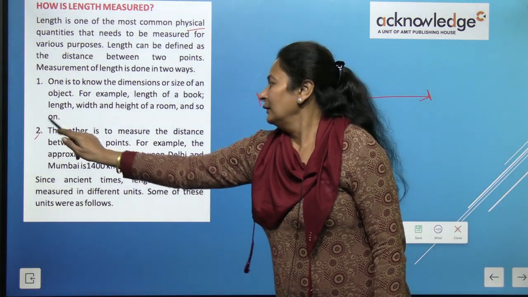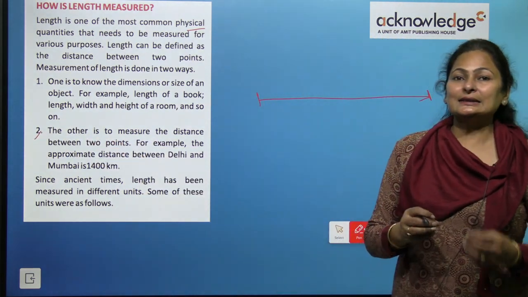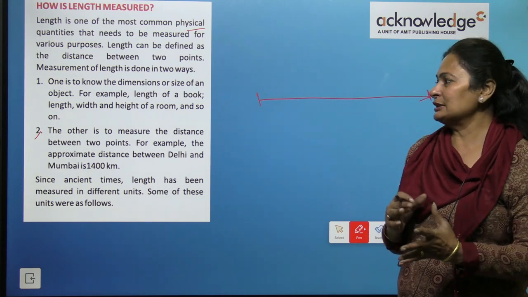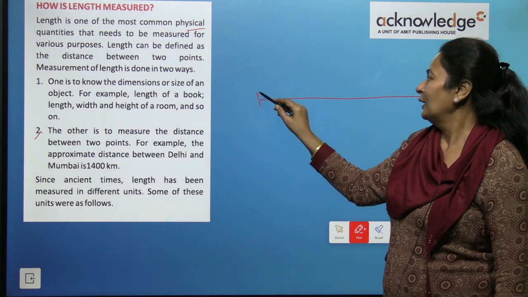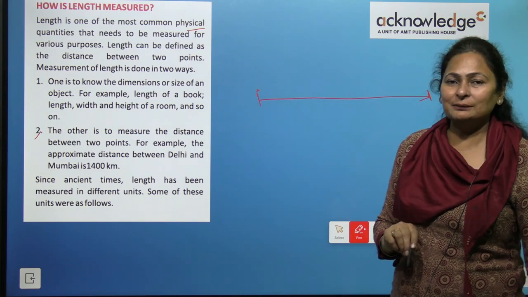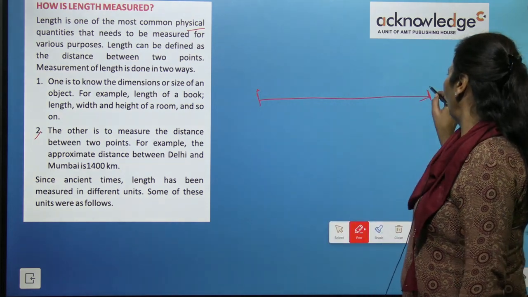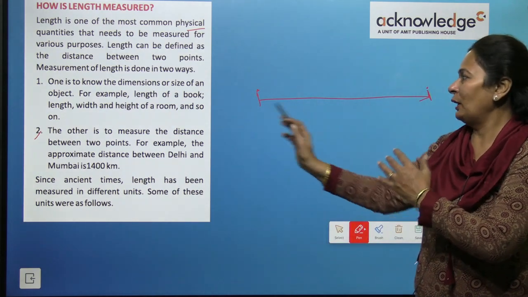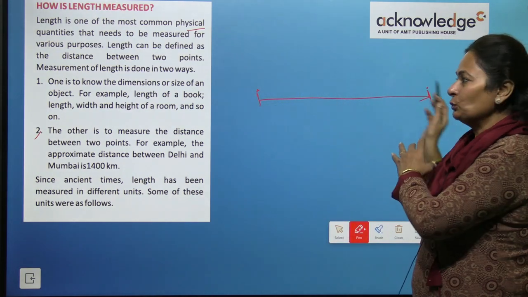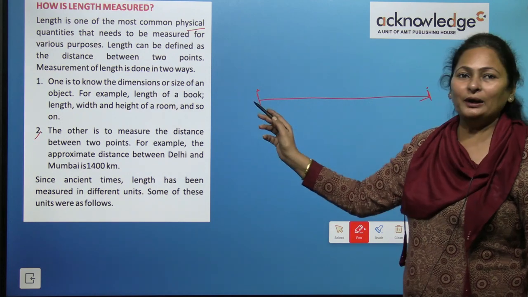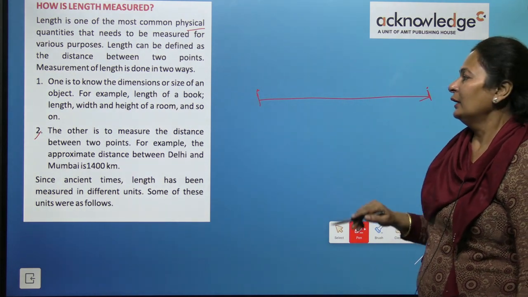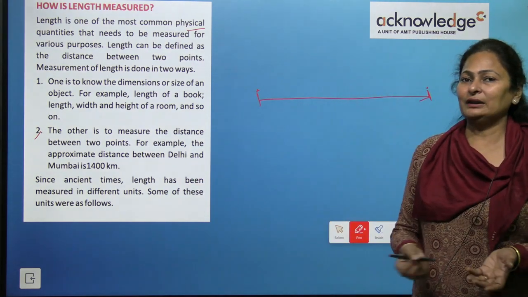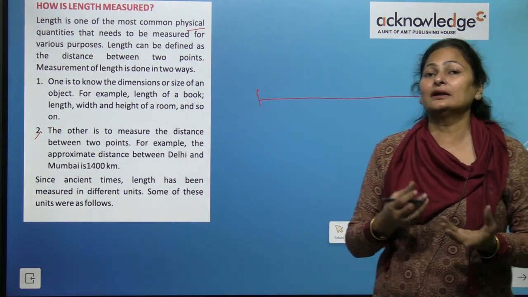The other purpose is to measure distance, like I showed you in this example. The distance between 2 points: this was the point where I am standing and this is the other point where I have to reach. This is my classroom, so I am moving from this place to my classroom. So how will I calculate it, right? For example, the approximate distance. They have given an example, a rough idea.